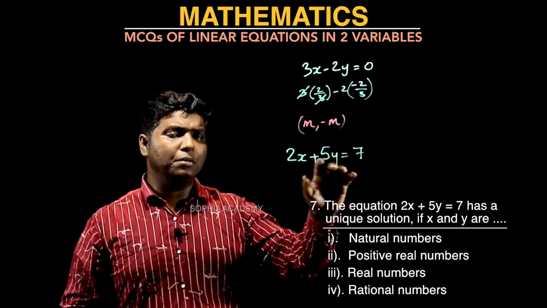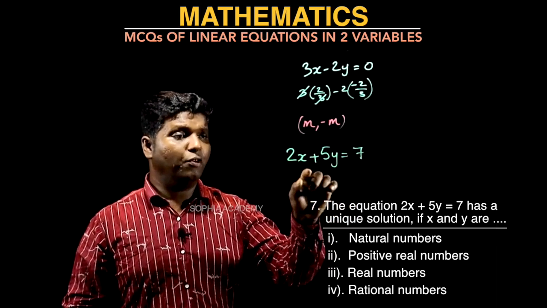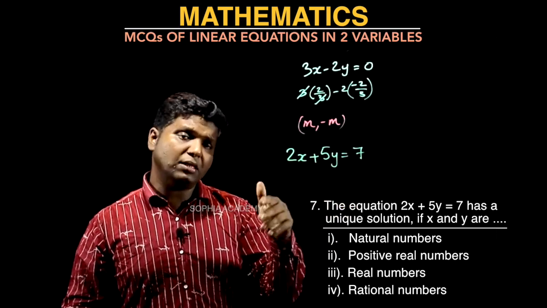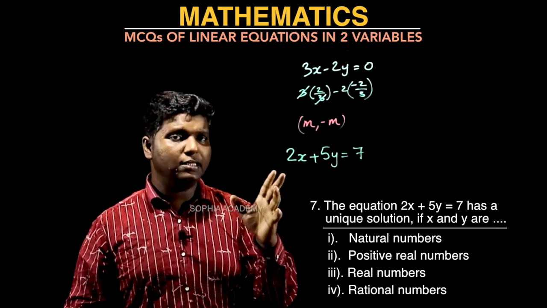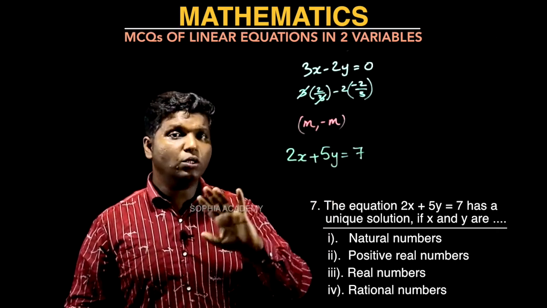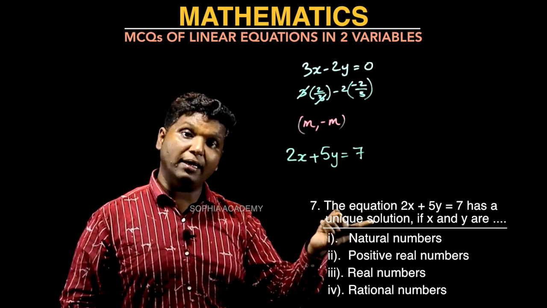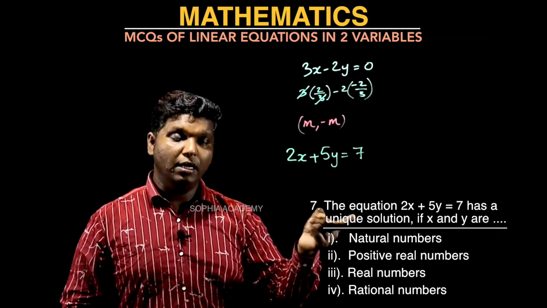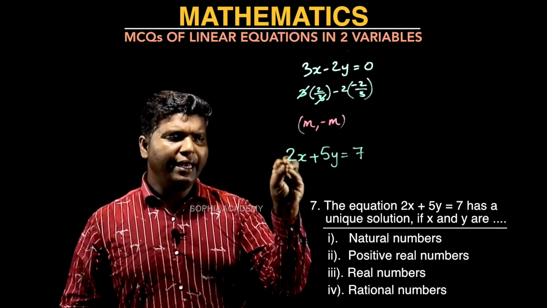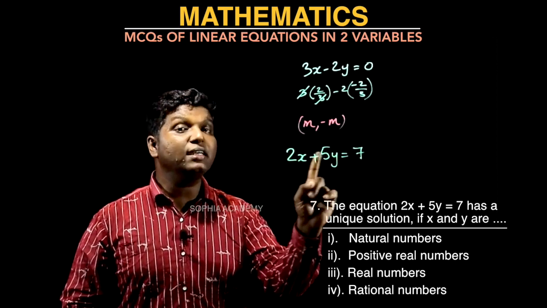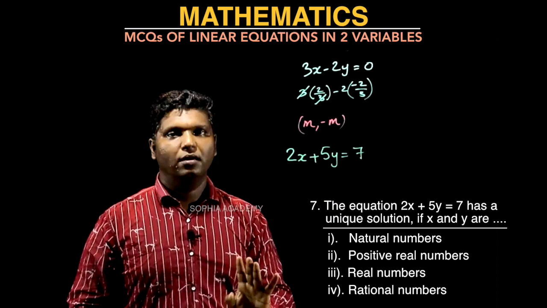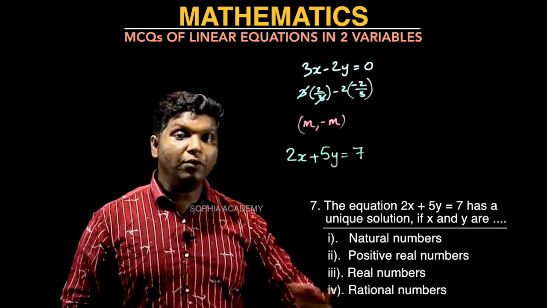For any other number, for example if you give 2 here, y is not going to become a natural number. You will get a rational number only. So we can say that if x and y are natural numbers, there is only one solution, that is 1 and 1. Other than 1, you cannot give any values.